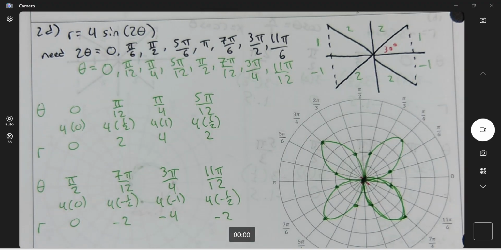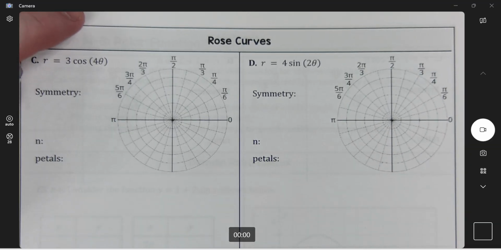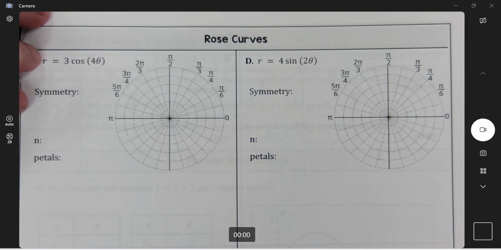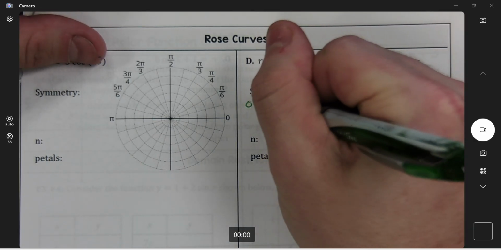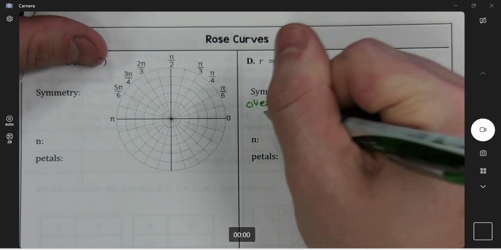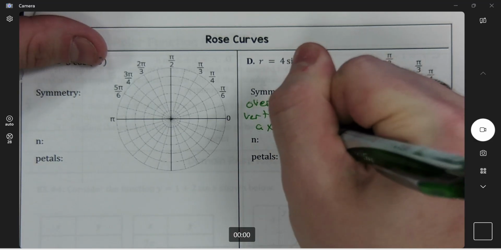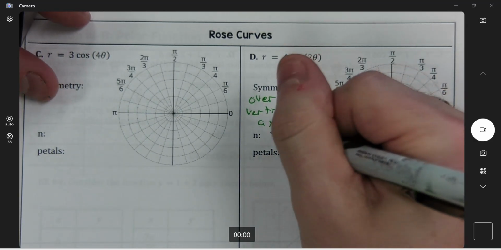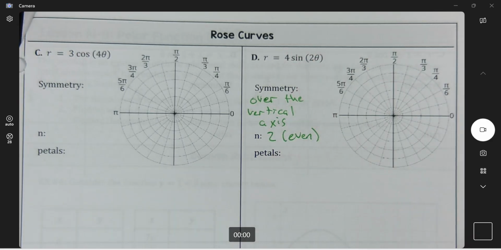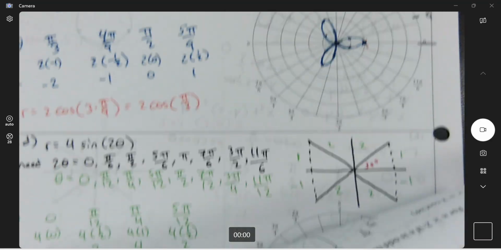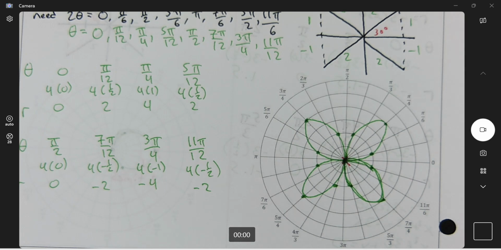So let's go back to the actual notes then. This one, because of sine, had symmetry over the vertical axis. This time n was 2, which happens to be an even number. But I saw 4 petals.